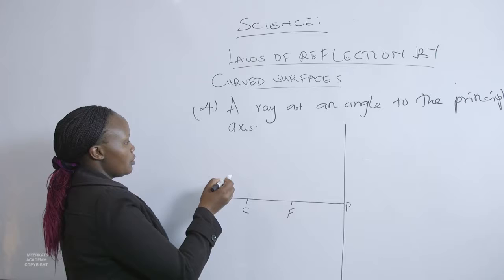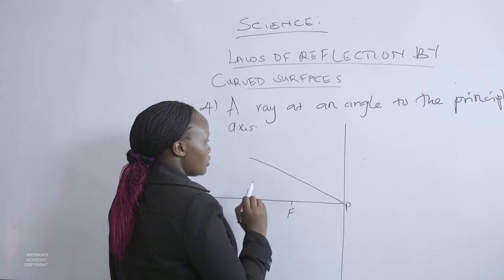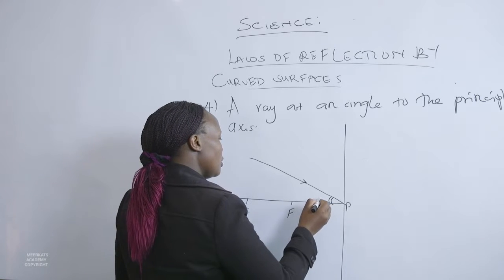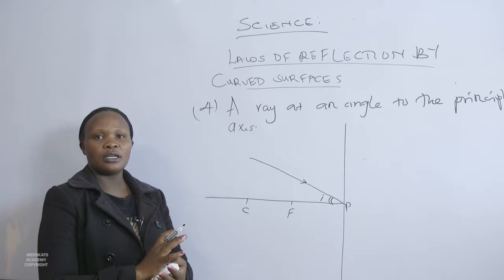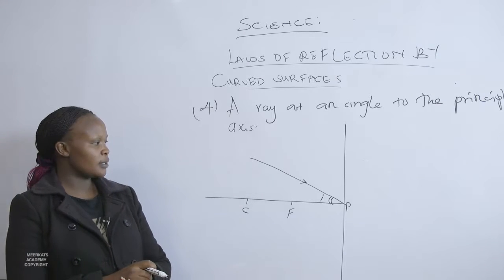Let us, for example, look at a ray like this, so that it makes an angle, let us call it a small i, with the principal axis.